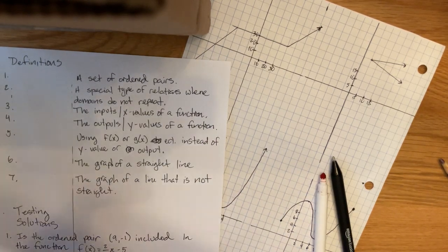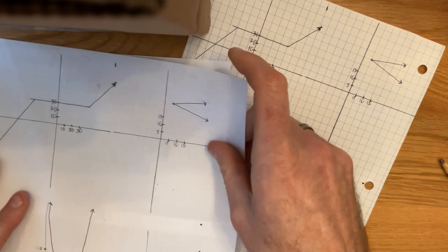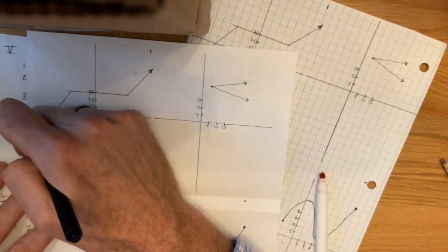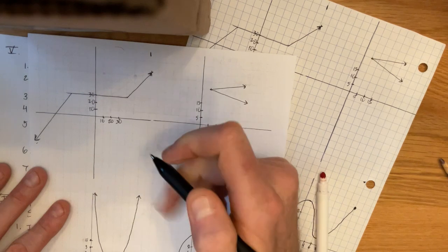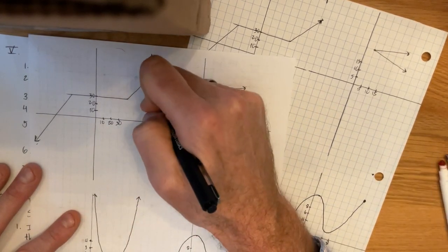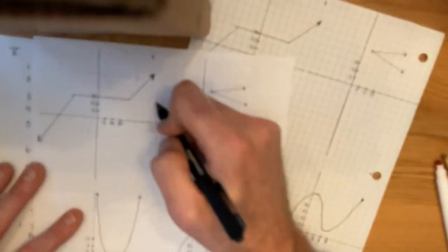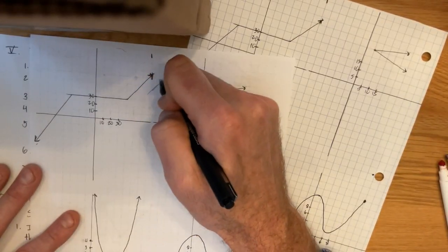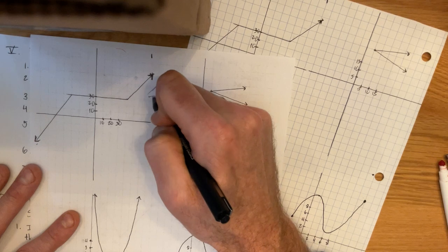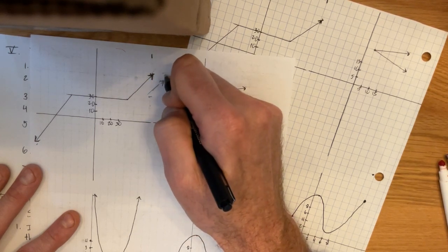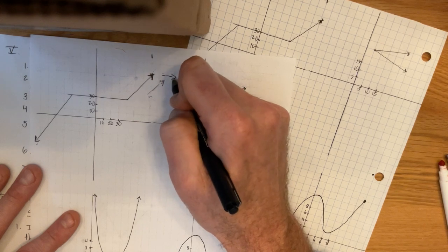We do look at domain and range on some continuous graphs, on some graphs with arrows on them that go into infinity. Anytime you're dealing with a graph that has an arrow on it, you need to look at the direction of that arrow. If there is any upward tilt or any sideways tilt at all, this graph is going to go into infinity in that direction.